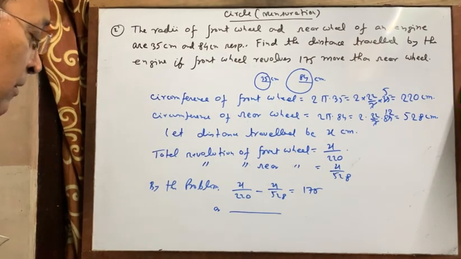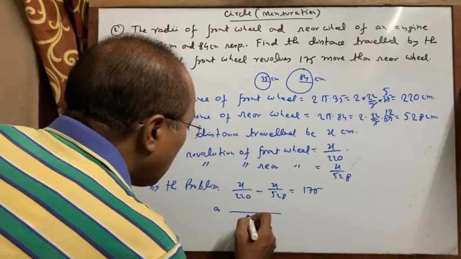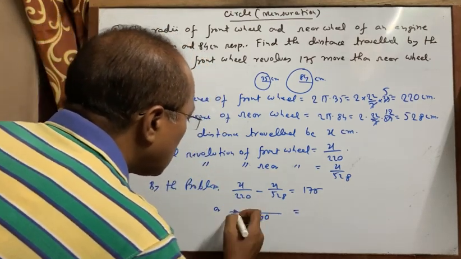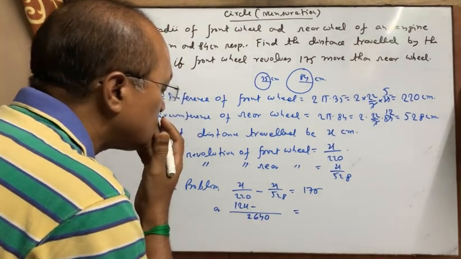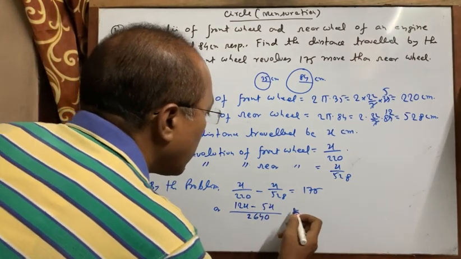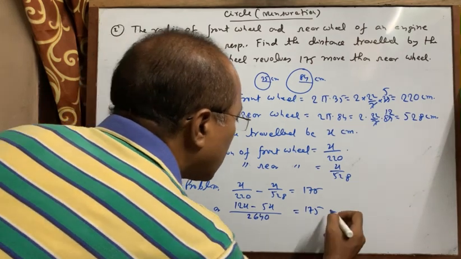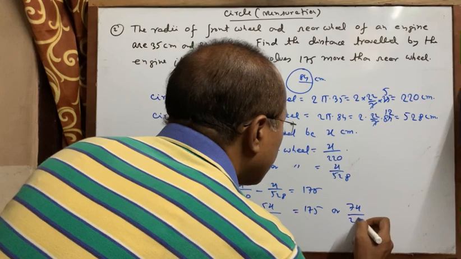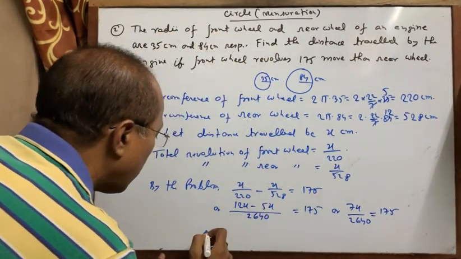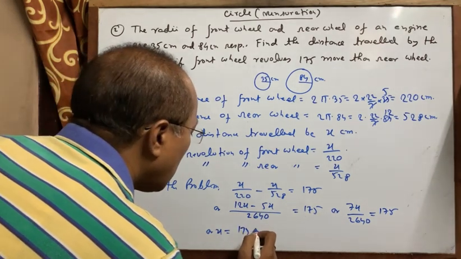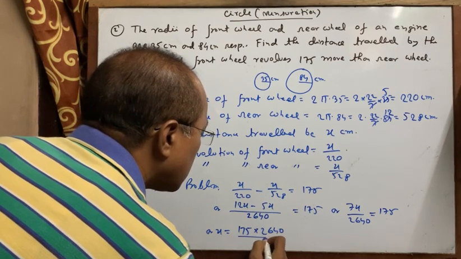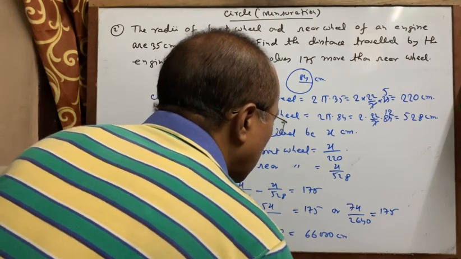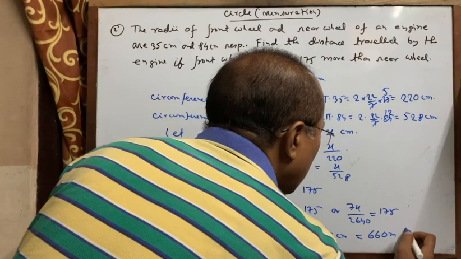So, the LCM is 2640, 12x minus 5x, or we can say 7x by 2640 is equal to 175, or x is equal to 175 into 2640 by 7, which is 66,000 centimeter, that is equal to 660 meter.